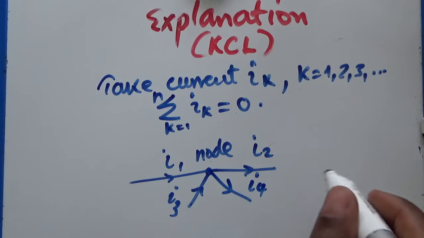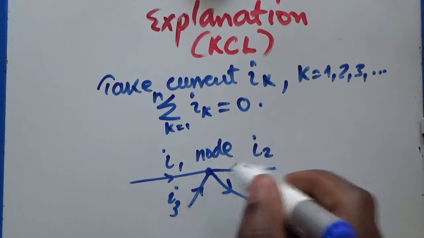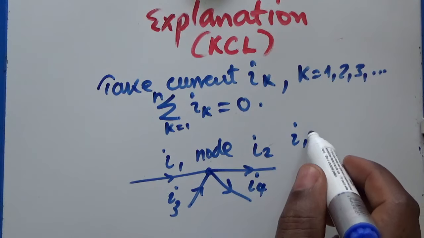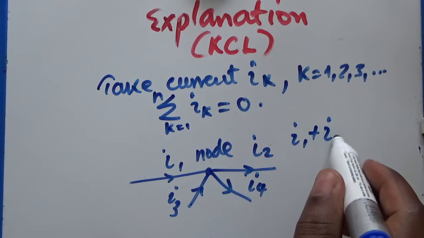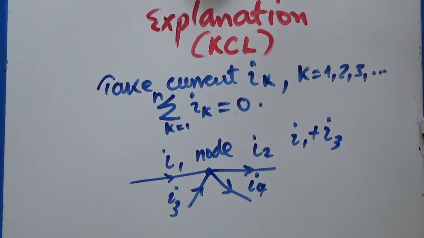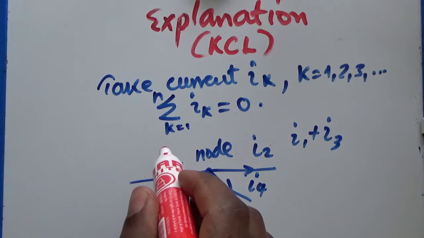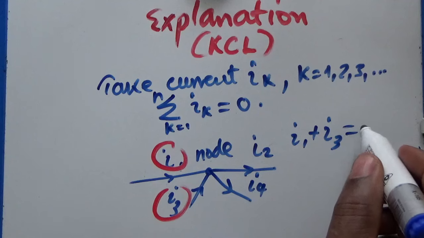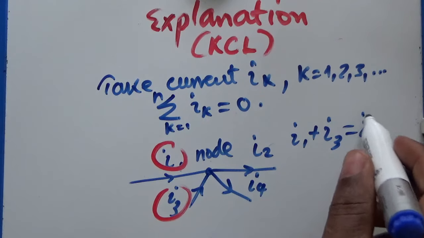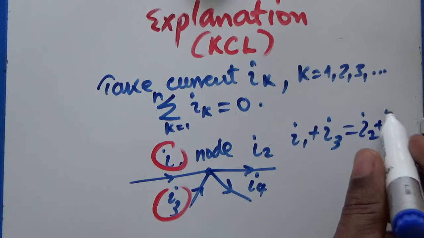Then we would say that those which are entering, I1 plus I3, because these are the ones entering the branch point, equal the ones which are leaving, I2 plus I4.